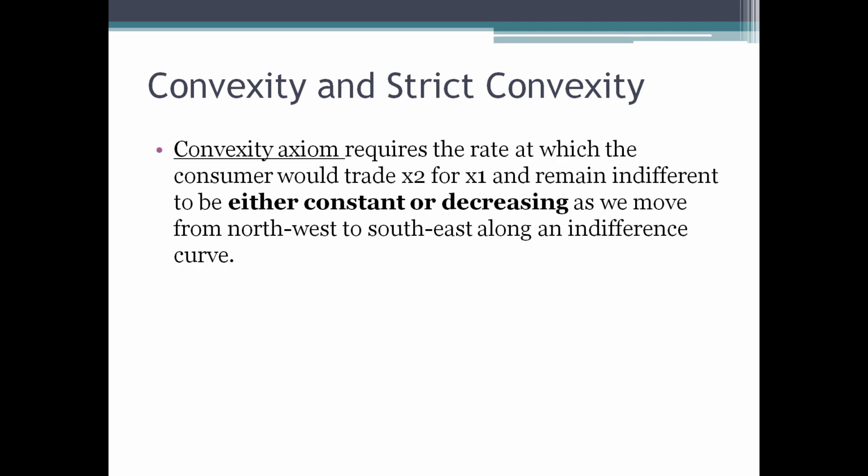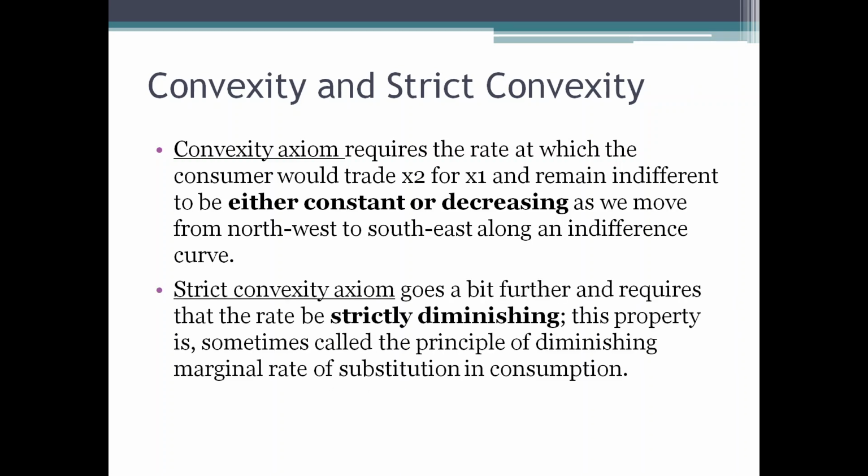So the convexity axiom requires the rate at which the consumer would trade x2 for x1 and remain indifferent to be either constant or decreasing as we move from up to down along the indifference curve. The strict convexity axiom goes a bit further with a stronger assumption and requires the rate to be strictly diminishing.